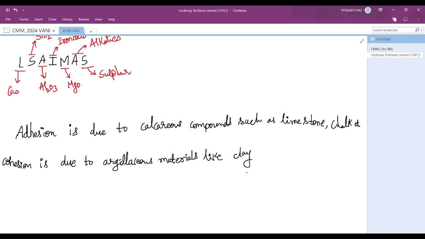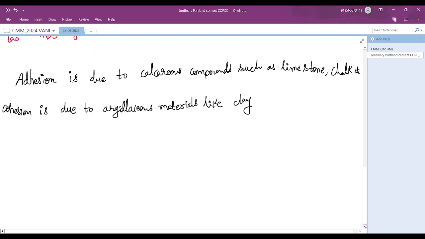Now, one more point, please try to understand. Standard density, or you can say bulk density. In soil we discuss this density with a word known as bulk density, but here we call it standard density.